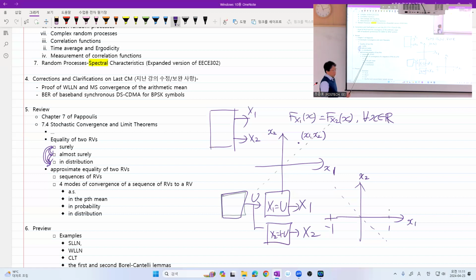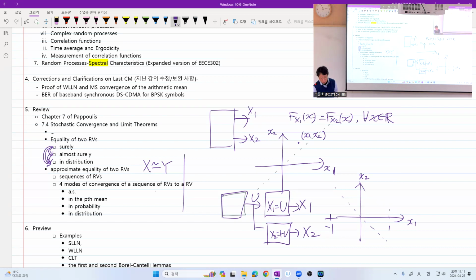Now we move to the approximate equality of two random variables. And I told you that the most important trick the engineers learned from mathematicians is what? In many cases where you want to approximate something, you construct a sequence of something that converges to the other thing. For example, you want to claim that two random variables x and y are very closely equal.